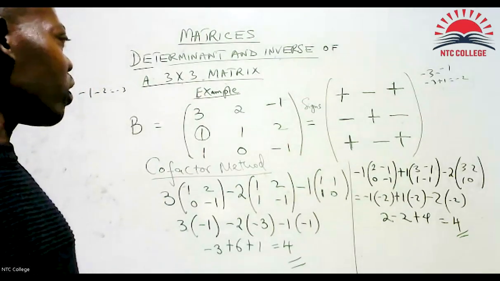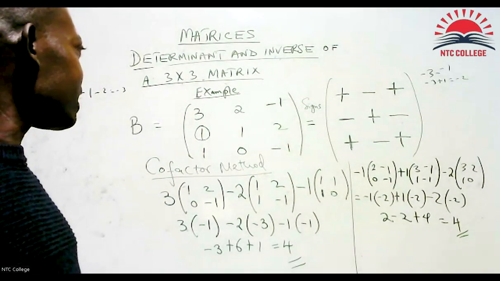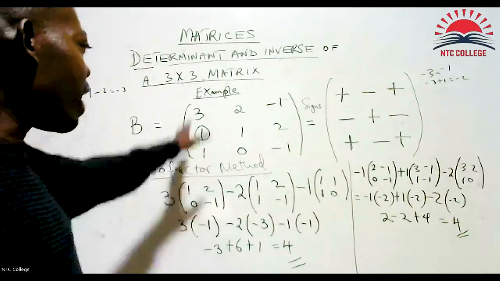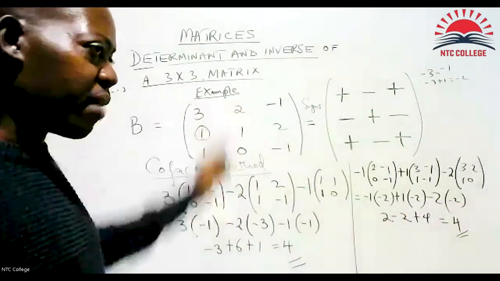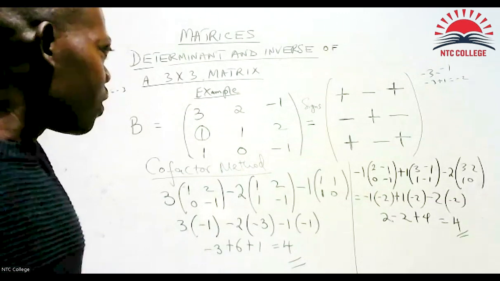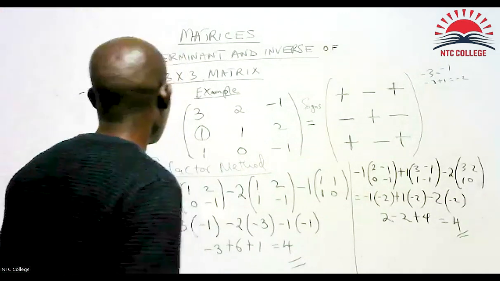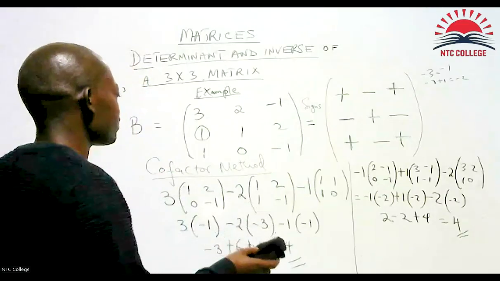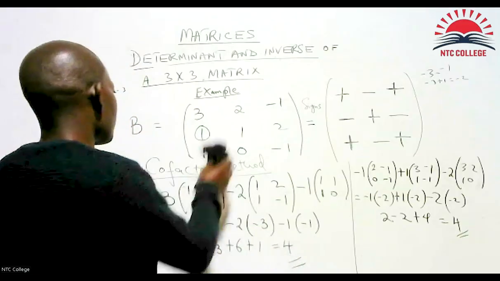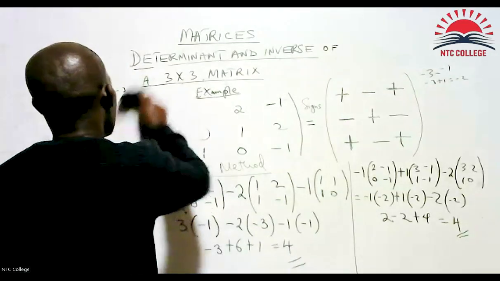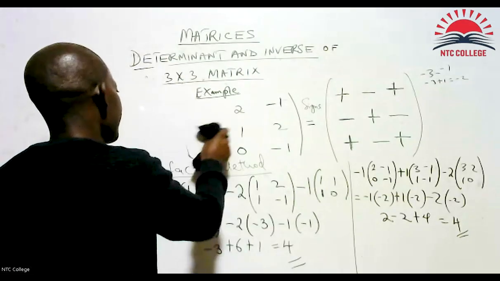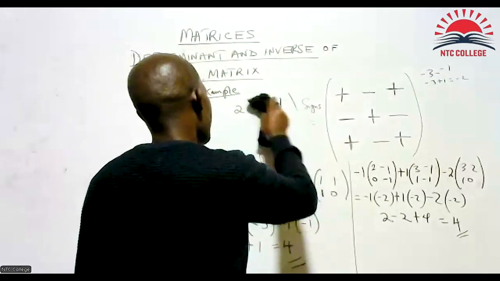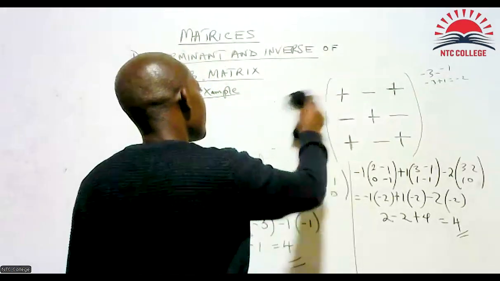But method 2, we will summarize with. So before we get to method 2, I want you to write the inverse of a 3 by 3 matrix. So far, what we have done is to find the determinant. So we are going to find the inverse. I want to retain these workings purposely because they will help me somewhere. Let us go through the steps of finding the inverse of a 3 by 3 matrix.